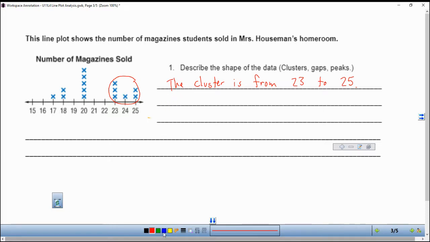All right, so there's two gaps here. You can see the two gaps. One's here and one's here.